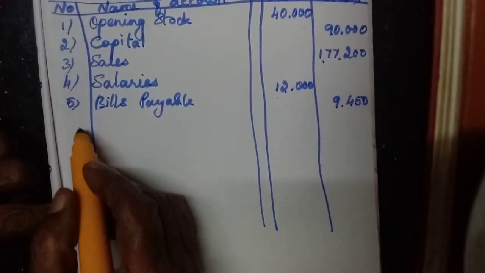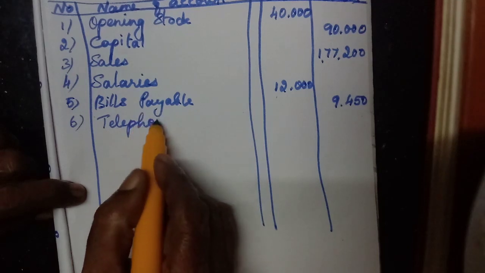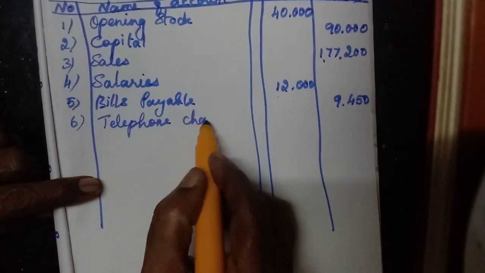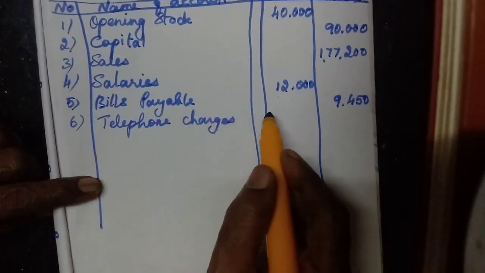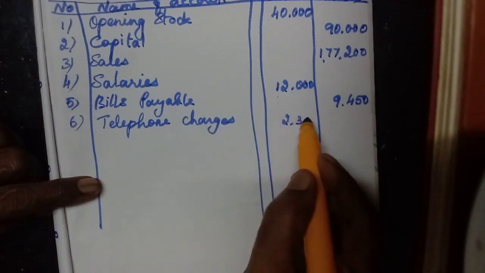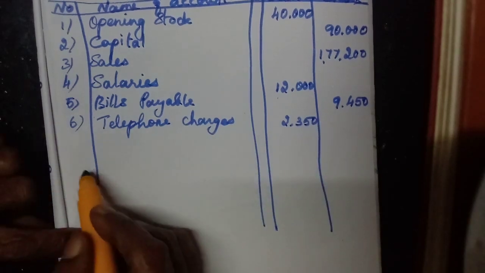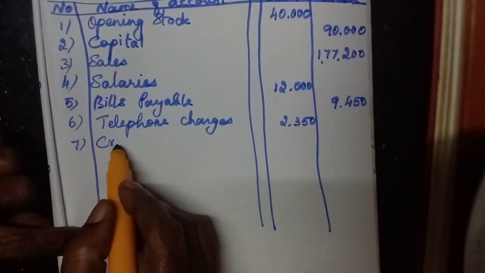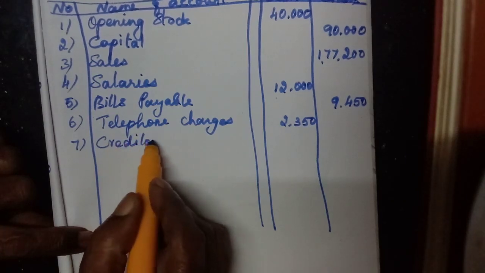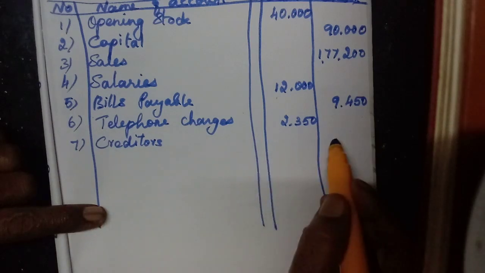Telephone charges. It is an expense, so debit, 2,350. Creditors. 16,000. It is a liability.